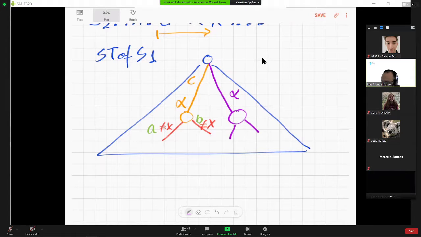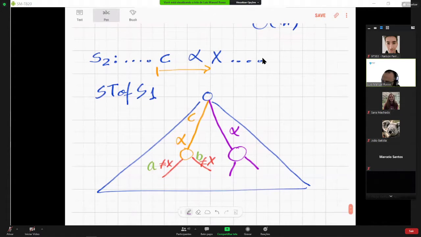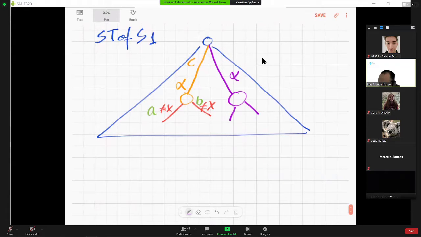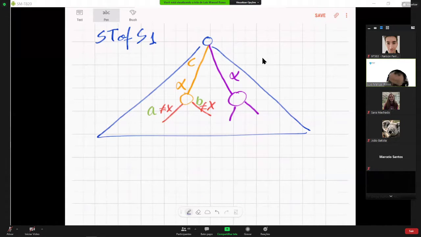Why? Because if I have C alpha A and C alpha B, that means that C alpha A and C alpha B must occur somewhere in S1, right? So S1 is something like this.